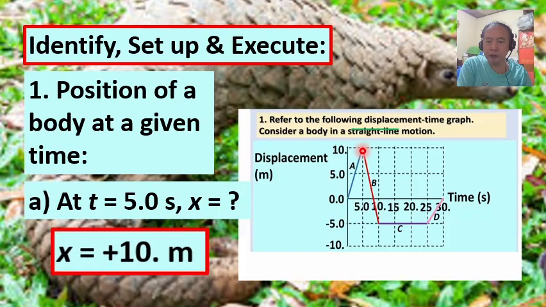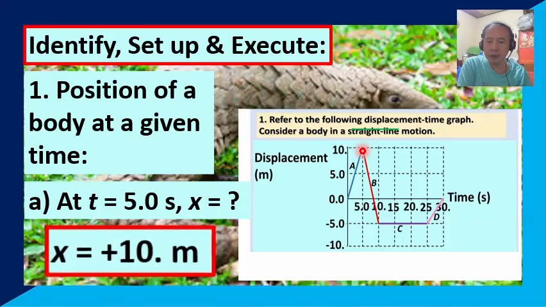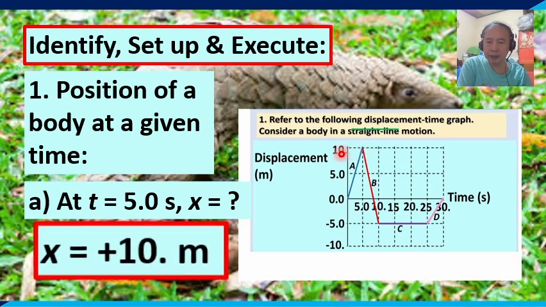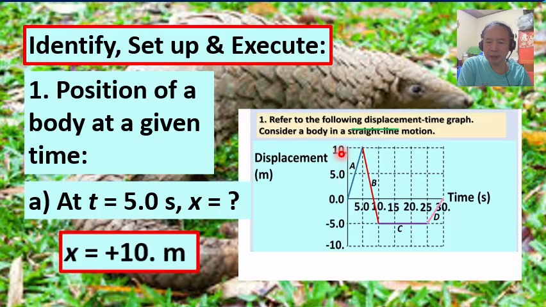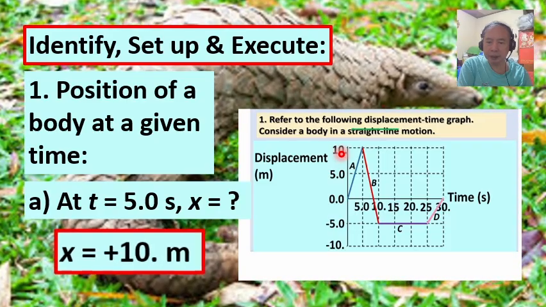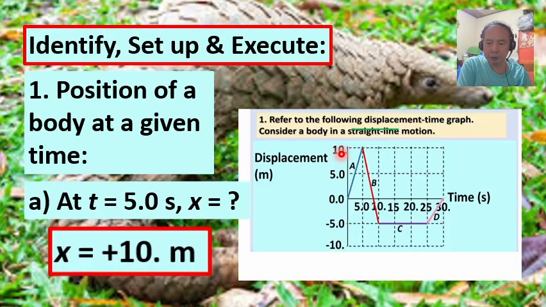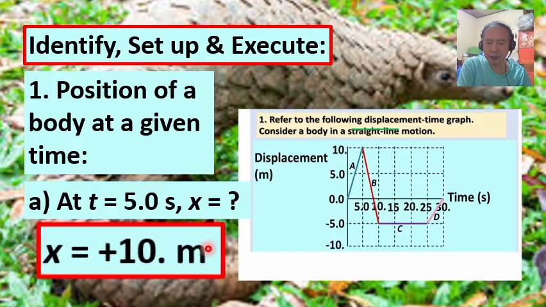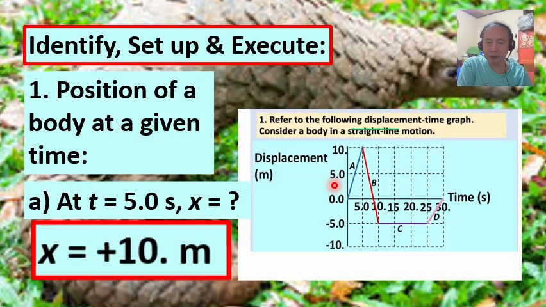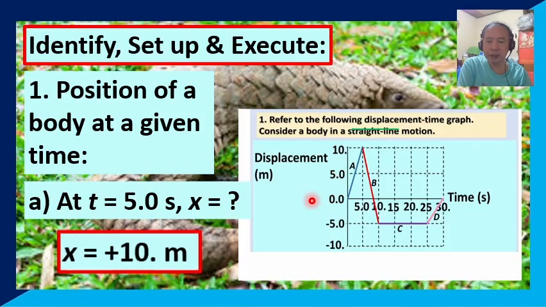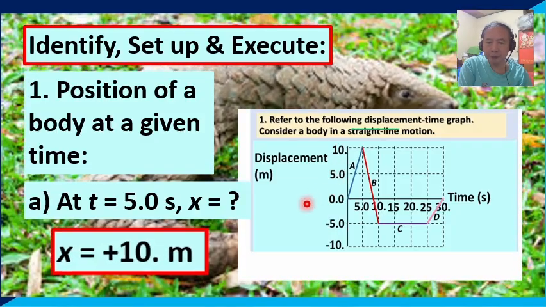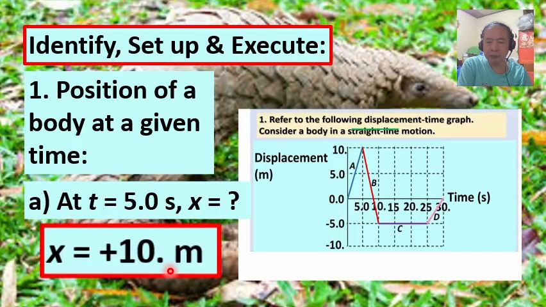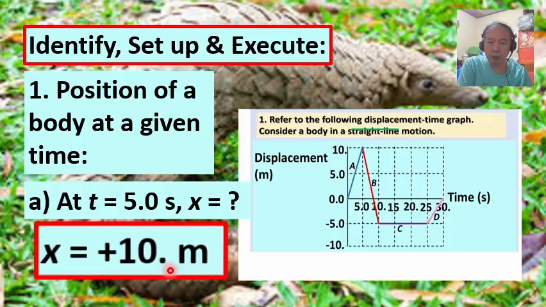So when you move the cursor towards the displacement axis, you'll see that its value is 10 point meters. So that is the answer to our first example. The x coordinate or the position of the body has a magnitude of 10 point meters.